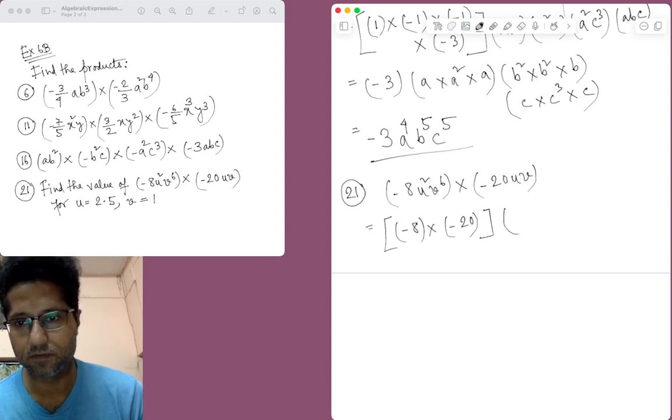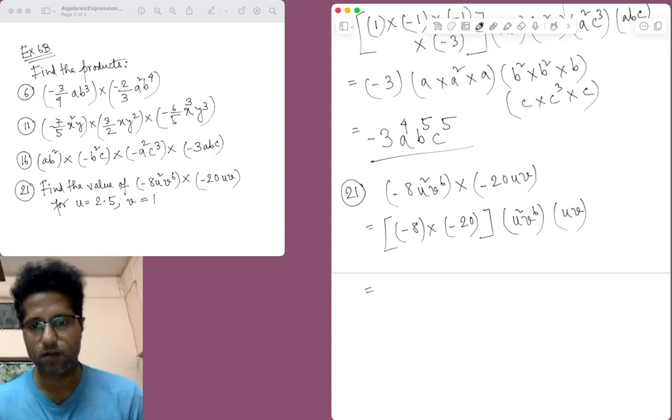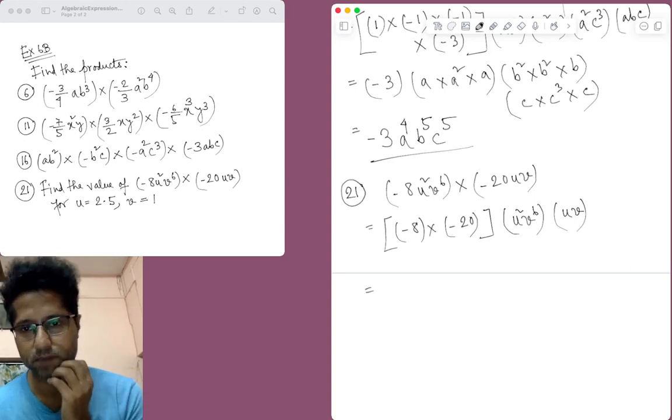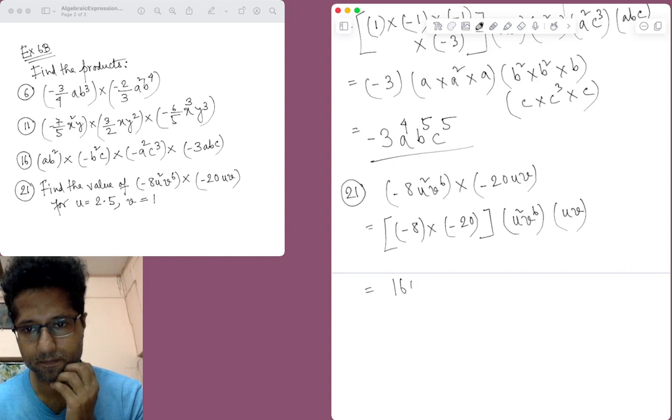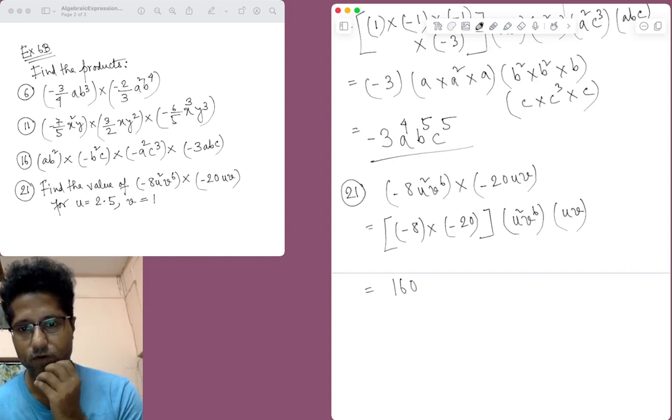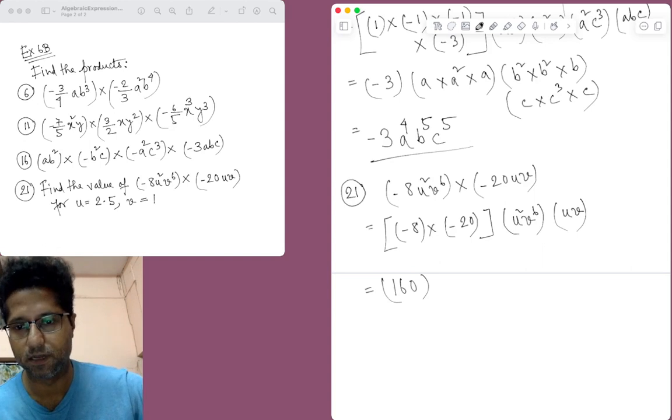The literal coefficient of the first term is u square v to the power 6, and the second one is uv. Now the product of the coefficients becomes 160, and for the product of the literal coefficients, we collect the similar literals as exponents.